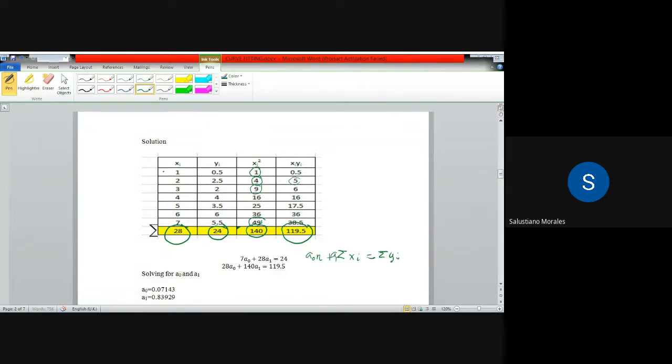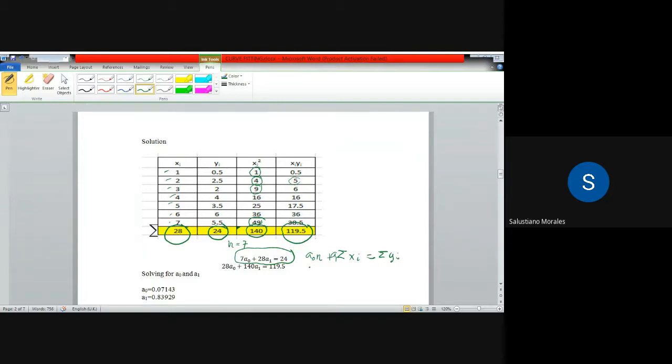So kung bilangin natin, there are 7: 1, 2, 3, 4, 5, 6, 7. That is the value of n. So that we have now 7 A0. Then yung value ng summation ng xi natin is 28, so kaya meron tayong 28 A1. And summation of y sub i is 24. So we have now this first equation that the unknowns are A0 and A1.